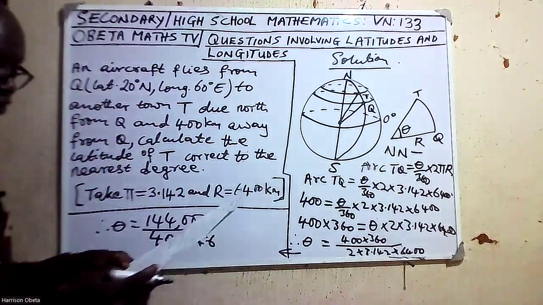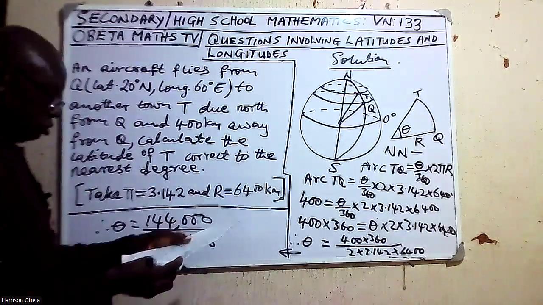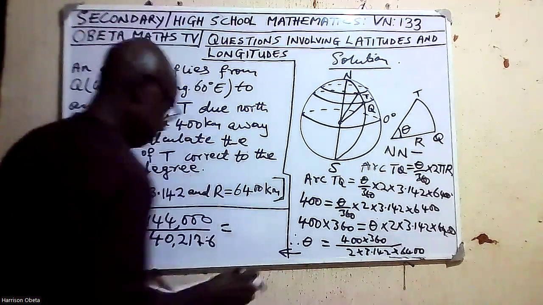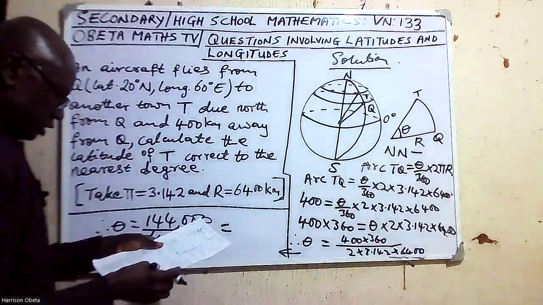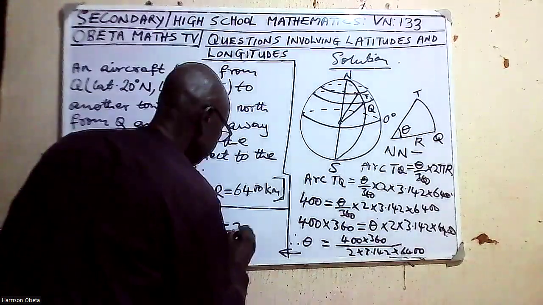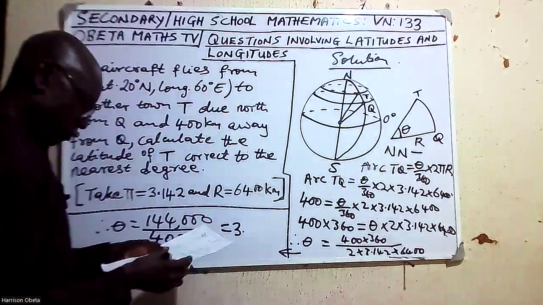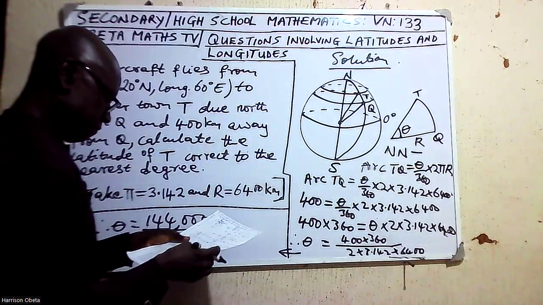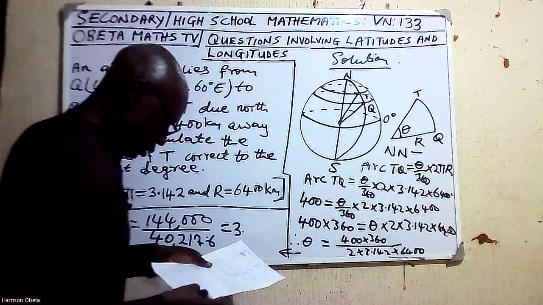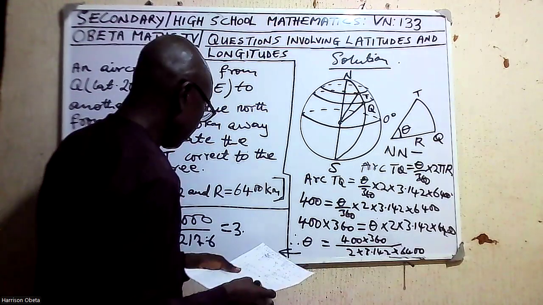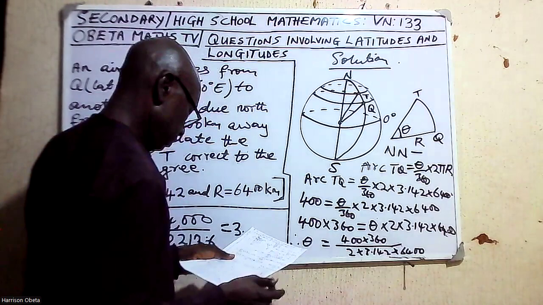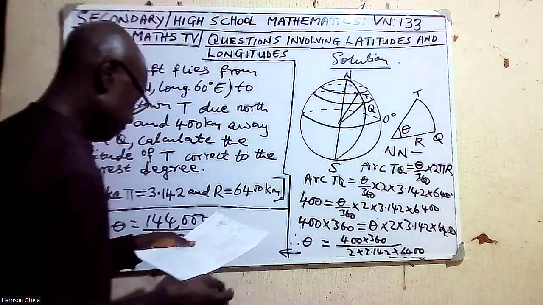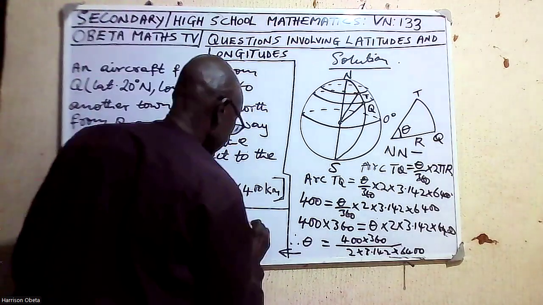So if you carry out the division with your calculator, you are now going to have 3.5805.